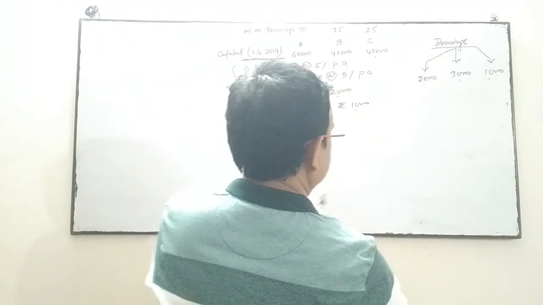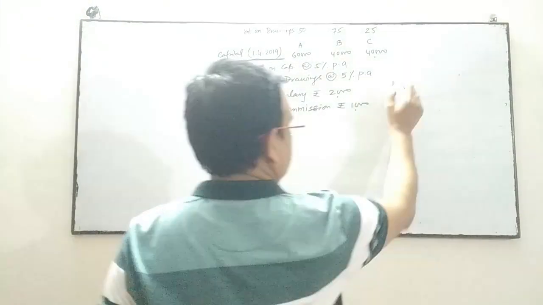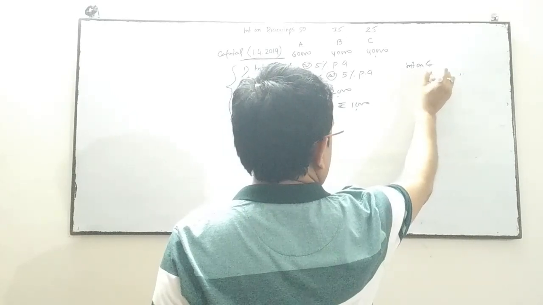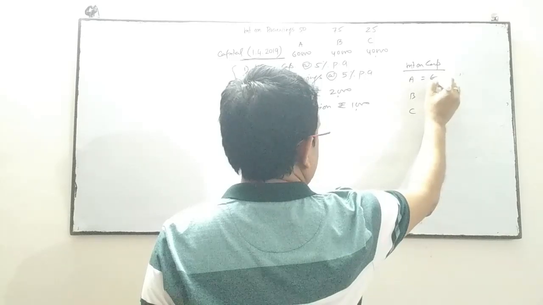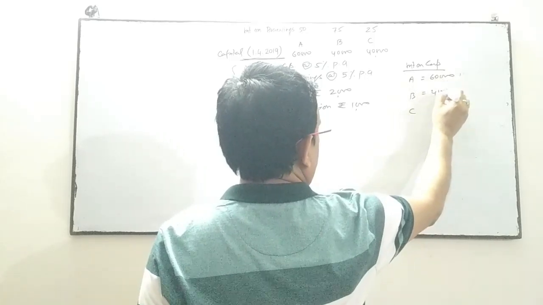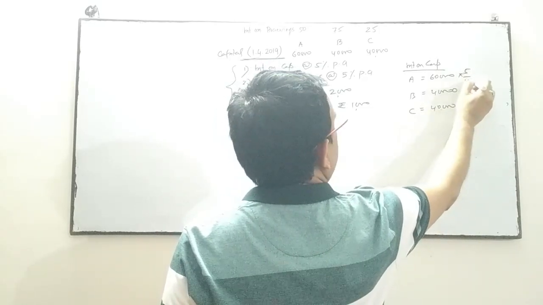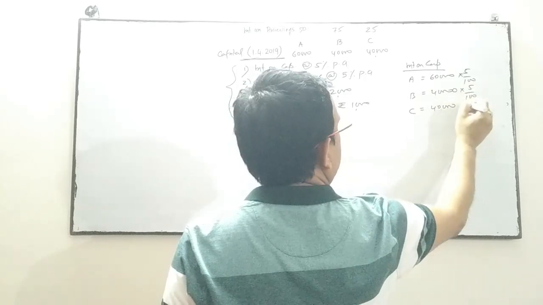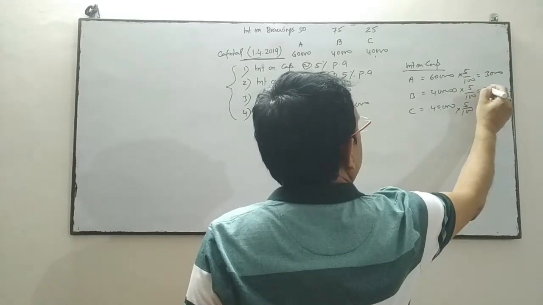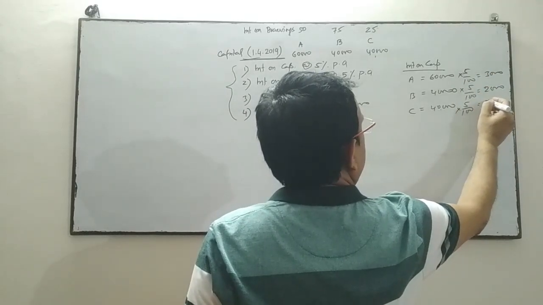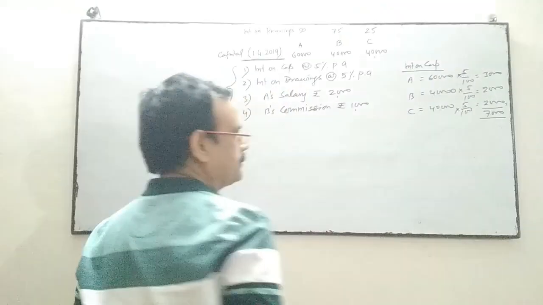So interest on capital for A, B and C, 60,000, 40,000 and 40,000, at the rate of 5%, 5% and 5%, is 3000, 2000 and 2000. Total interest on capital is 7000.